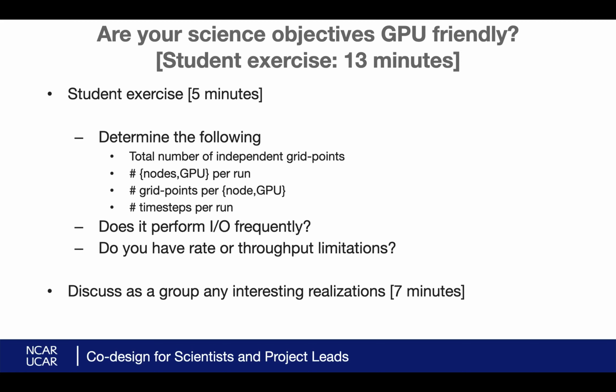If you miss your 3-hour window, then it's a problem, right? But a throughput limitation would be, I just want the results, and I want to be able to look at them and publish a paper on it. So the length of the run is really dependent here.